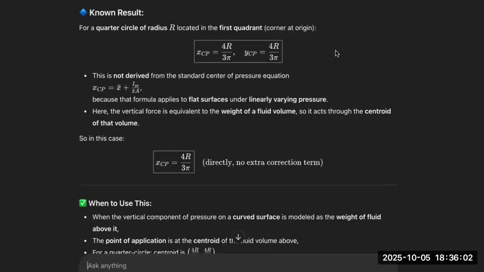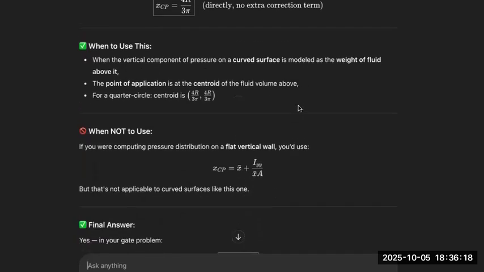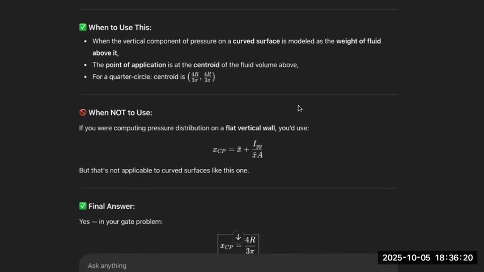So here, XCP is equal to 4R over 3 pi, which is also the center of gravity of the quarter circle. So when to use this? When the vertical component of pressure on a curved surface is modeled as the weight of fluid above it. The point of application is at the centroid of the fluid volume above. For a quarter circle, the centroid is 4R over 3 pi, 4R over 3 pi.